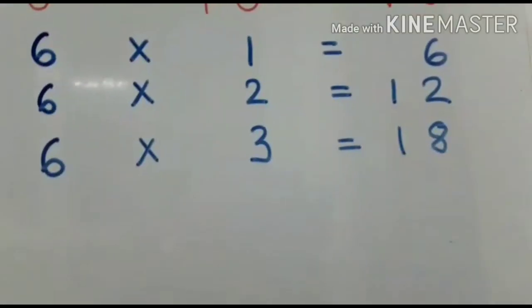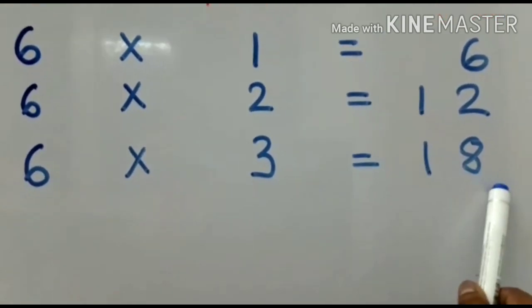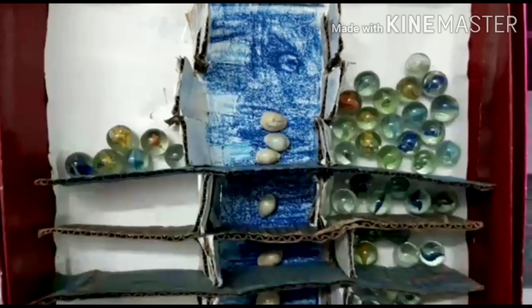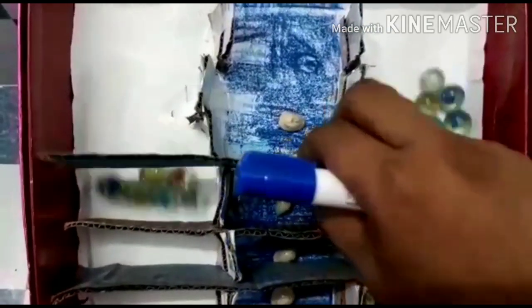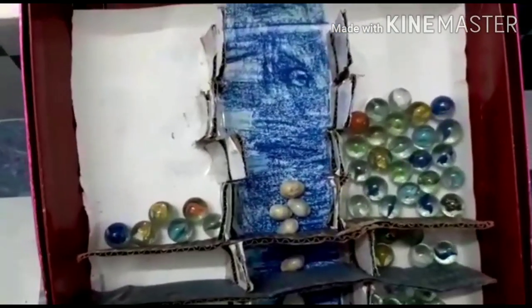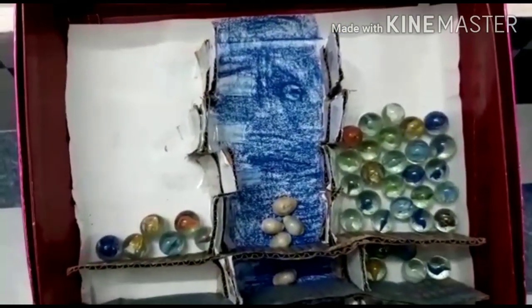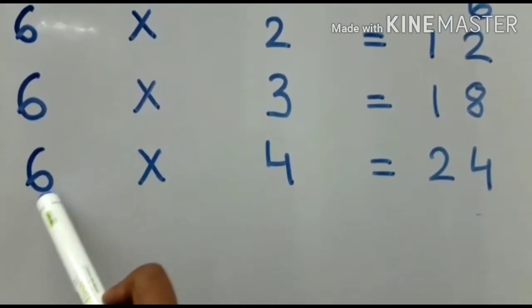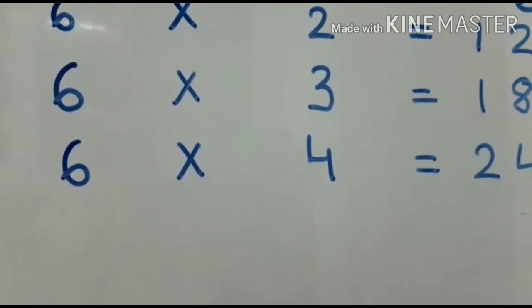So 6 threes are 18. Next, again I will take this cardboard. Then 6 fours are 24.